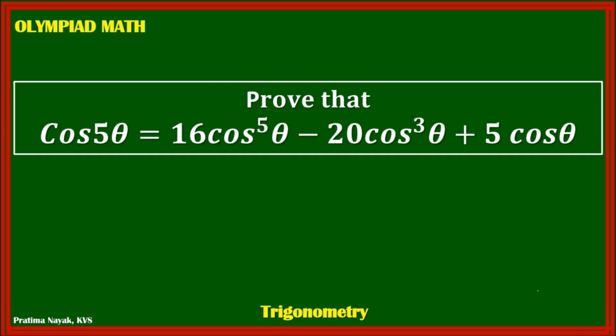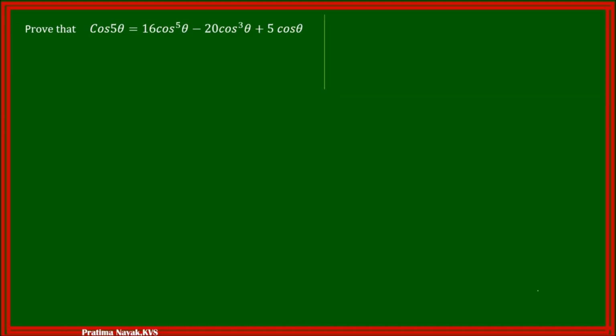That is, prove that cos 5 theta equals 16 cos power 5 theta minus 20 cos cube theta plus 5 cos theta. So starting from left side, cos 5 theta equals cos of 3 theta plus 2 theta.